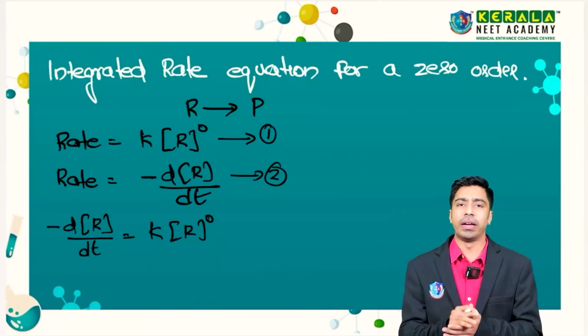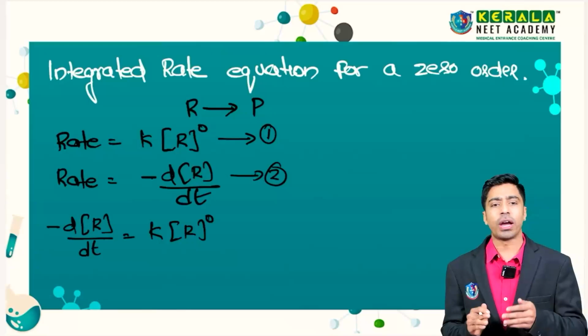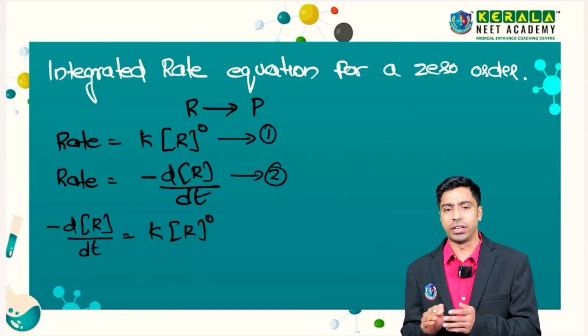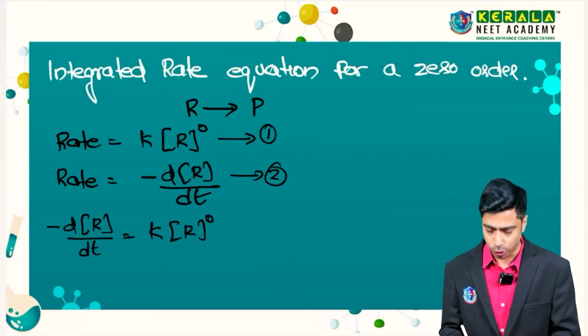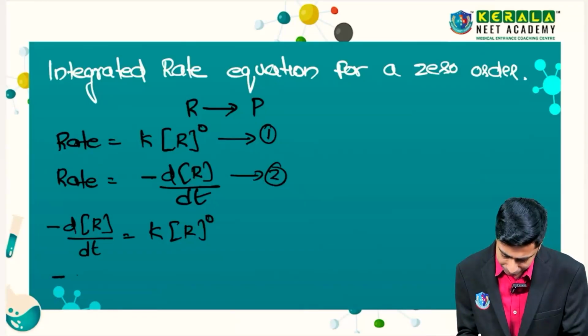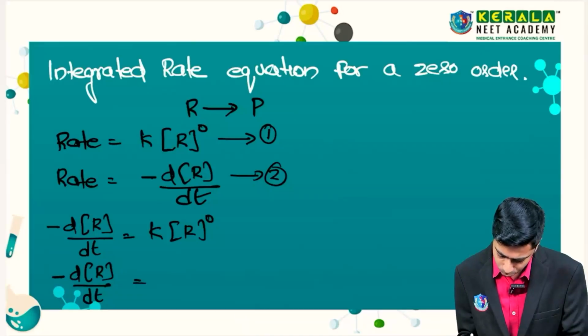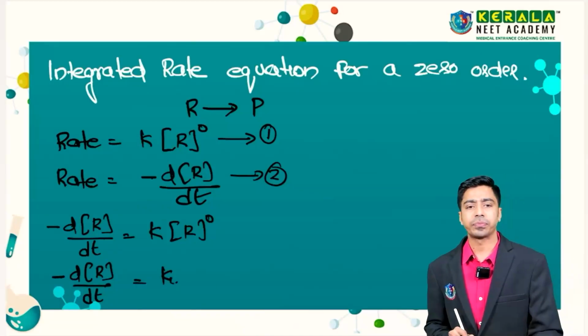And since R power 0 is equal to 1, minus dR by dt is equal to a constant K.